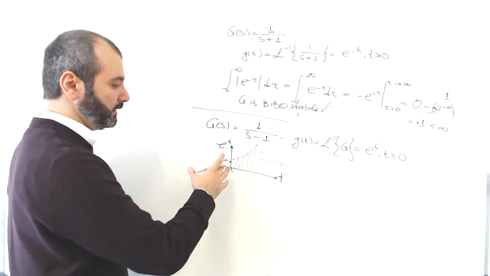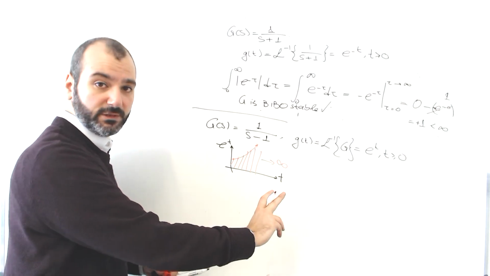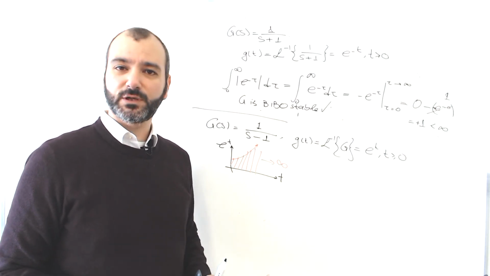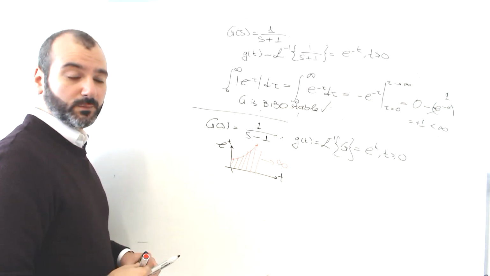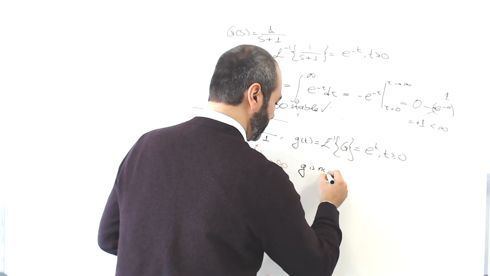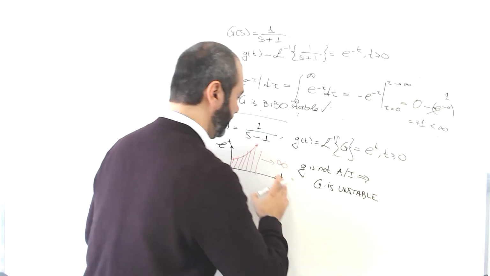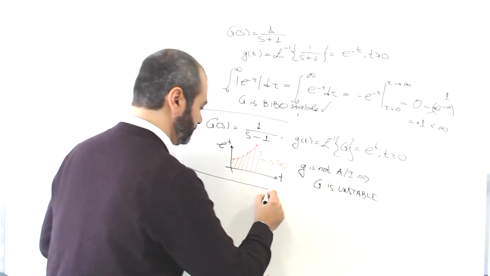It's impossible for the integral to be finite unless this goes to 0. If it goes to 0, it doesn't mean it's finite, but it is absolutely necessary that this goes to 0 for the integral to be finite. This goes to infinity. So g is not absolutely integrable. And we conclude that g is unstable in the BIBO sense.